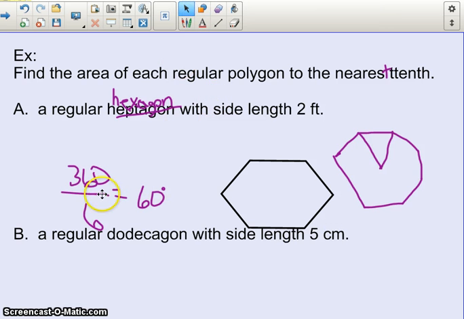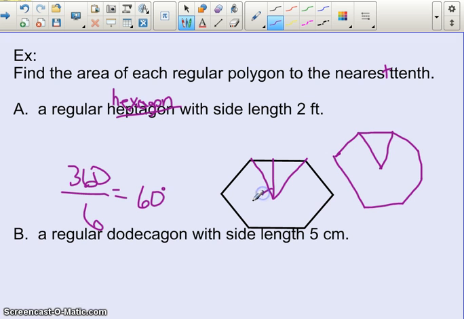Okay. So now that we know what a central angle is, we're going to drop the apothem from it. That's going to cut this 60 degrees into a 30 degrees, a 90 here, and a 60 degrees here. So we got a 30, 60, 90 degree triangle right here.